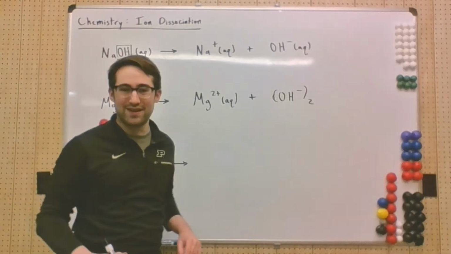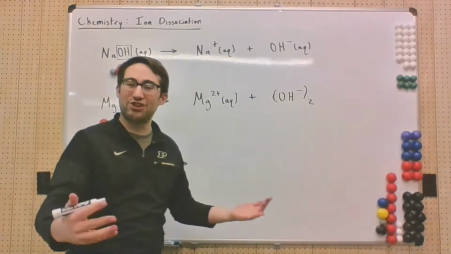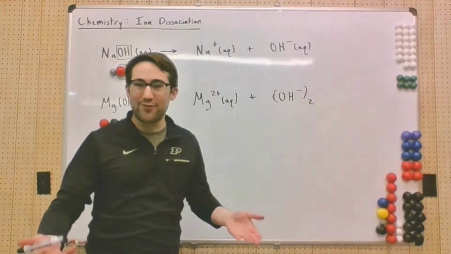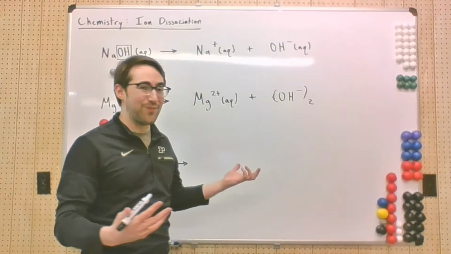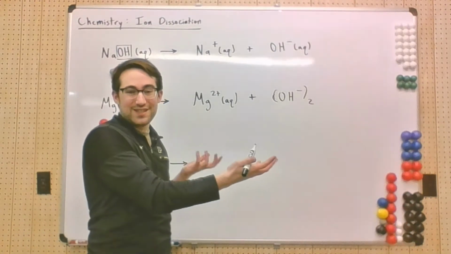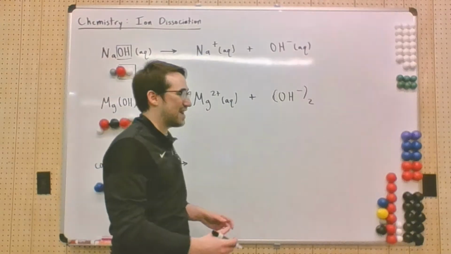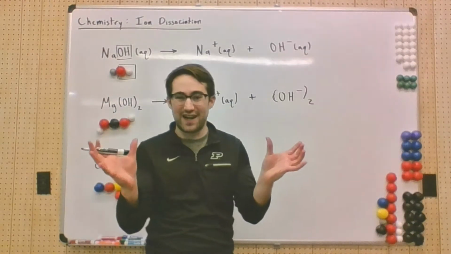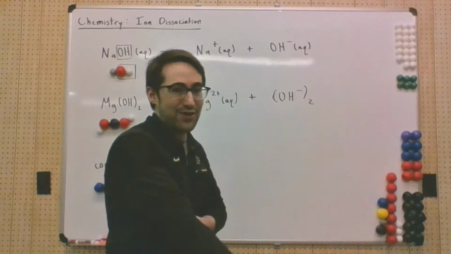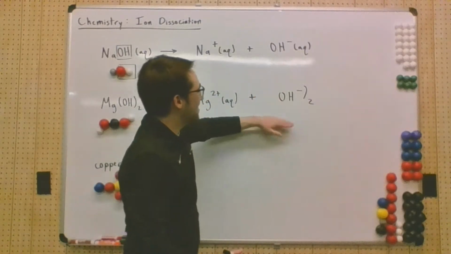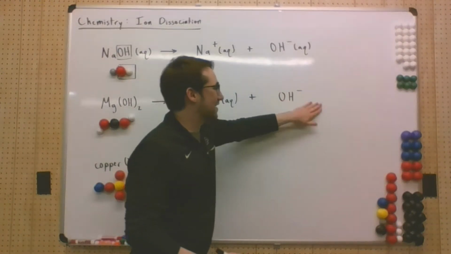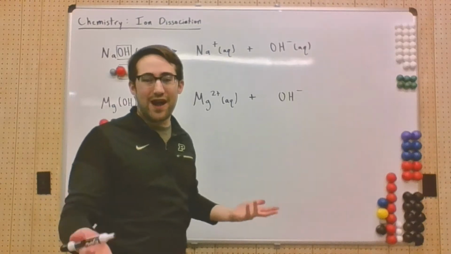We're not in a compound anymore. We're breaking them apart. We're dissociating them. So they should be separate from each other too. Just like the Cl minus and the Cl minus for magnesium chloride were separate. We can't take two negatively charged hydroxide ions and stick them together. So we use a number out front, a coefficient, to say they are separate ions.